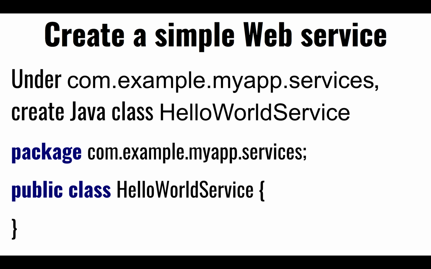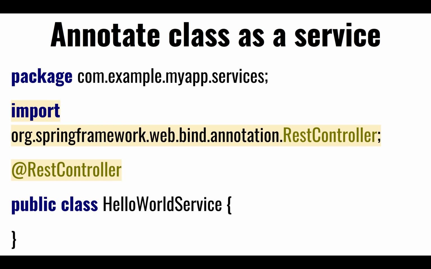I believe in the assignment you were asked to implement some toy services to make sure that you can communicate with them. Here are just a couple of examples of how you would do that by using the REST controller annotation. Here we decorated this class as a REST controller. What this does is make this class available in a web environment, so that we can hit it with an HTTP URL.